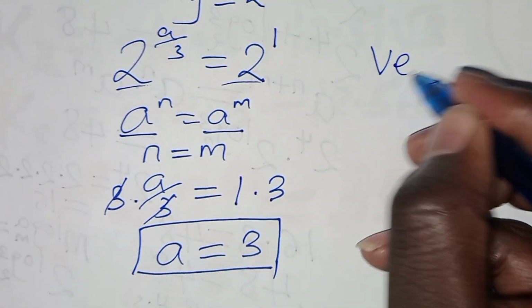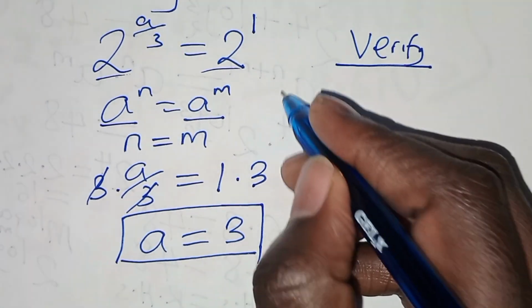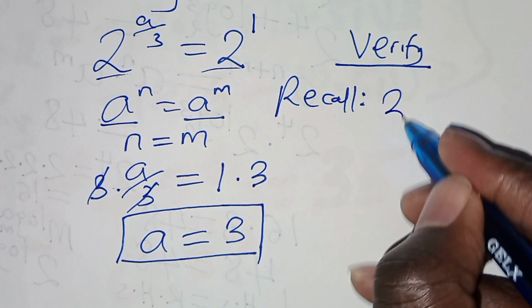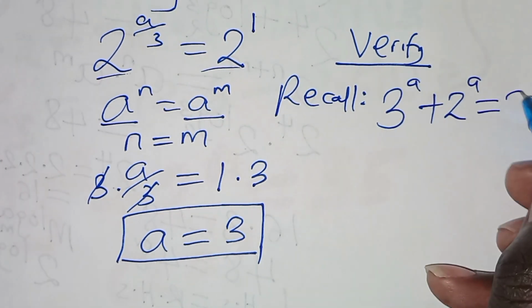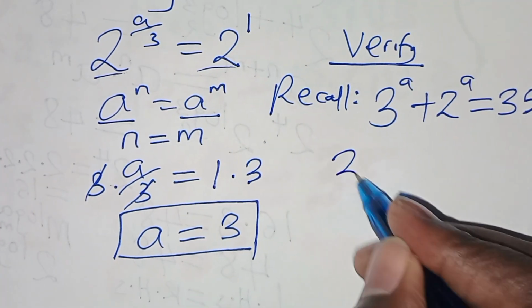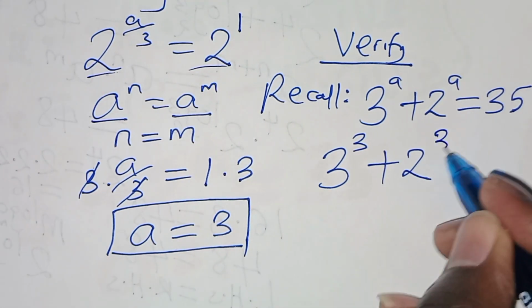So let's verify. If you recall here, we had that 3 to the power a plus 2 to the power a should give us a value of 35. So substituting the value of a, we'll have 3 to the power 3 plus 2 to the power 3.